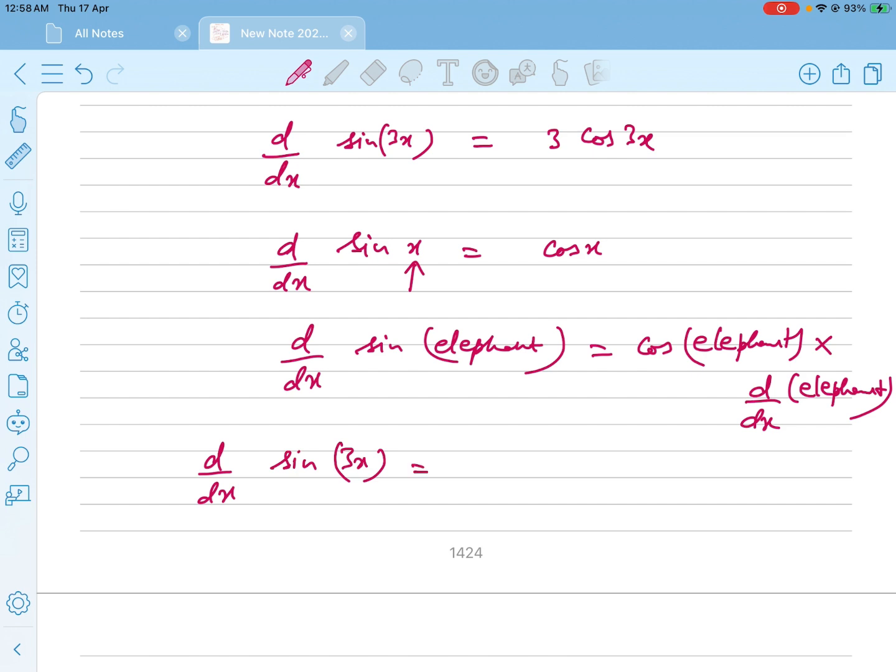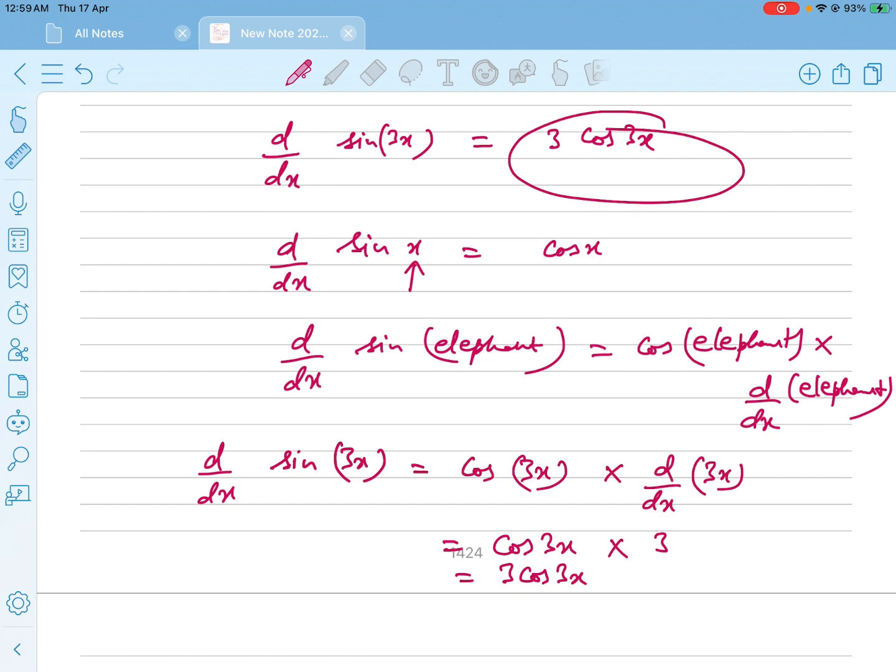So the answer would be cos of whatever is written in the bracket, the angle, multiplied by the derivative of whatever was written in the bracket. This would be cos 3x into 3. Derivative of 3x is 3. Okay, so this would be 3 times cos 3x.